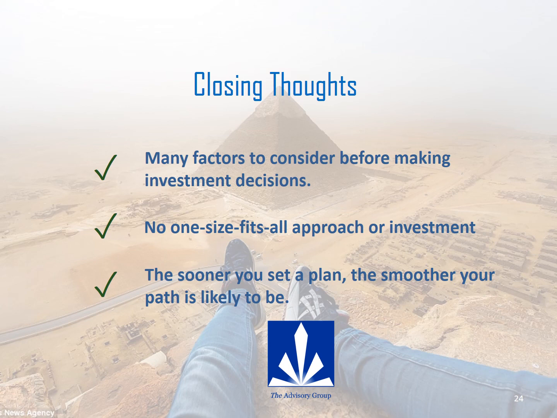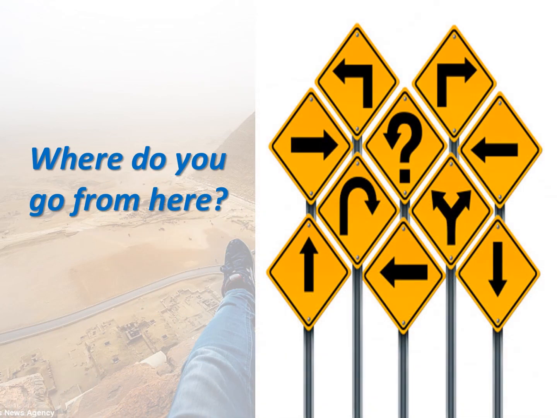Now, we appreciate this opportunity to share some ideas with you and hope that you found this workshop enlightening and helpful. So, where do you go from here? Now, we realize this is a very condensed seminar and there are many other topics we wish we had time to cover. So we encourage you to examine your personal circumstances and establish an appropriate plan, no matter what your age, that will allow you to meet your goals.